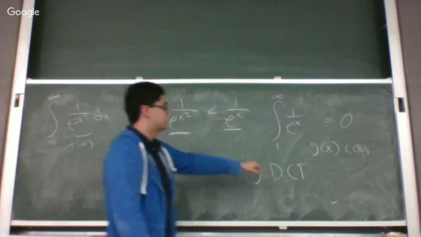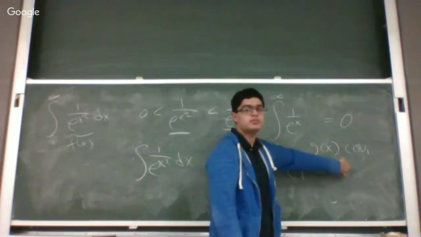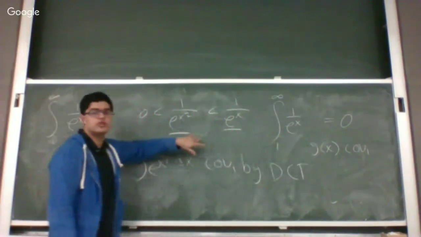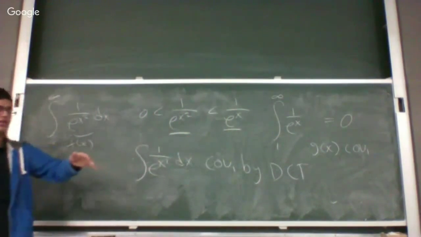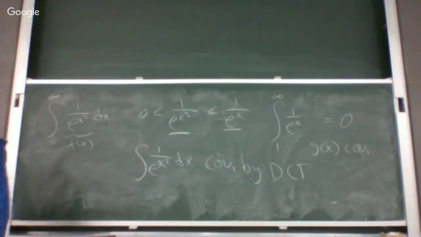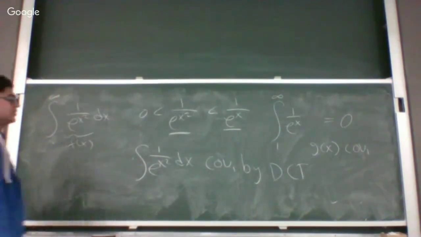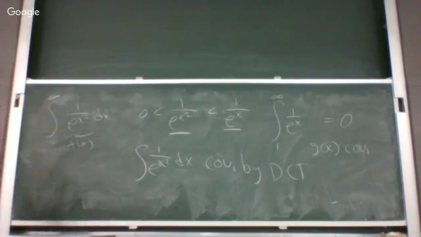If I had found that g of x diverged, what do I know about the original function? Nothing. So then what you technically could do is choose a new g of x and try that. But the limit comparison test is a better test, because by doing the limit you already know whether they grow at the same rate.